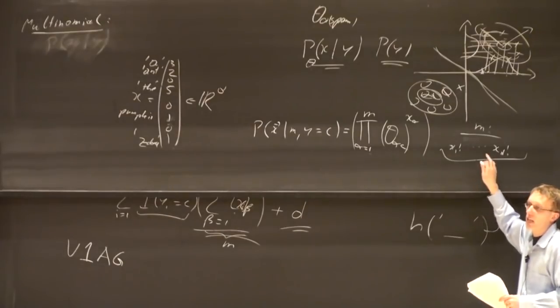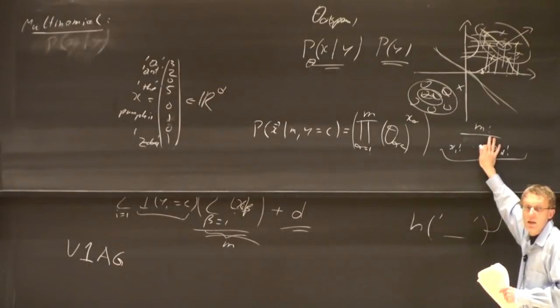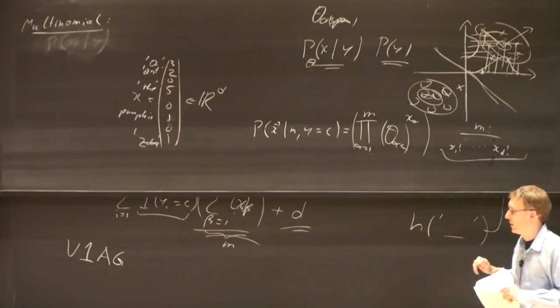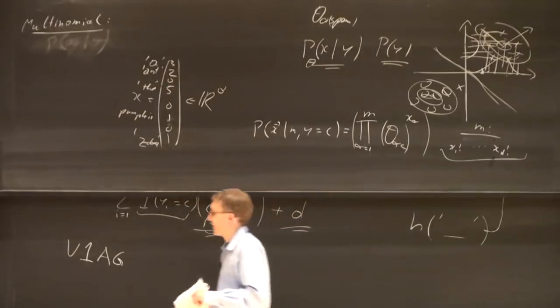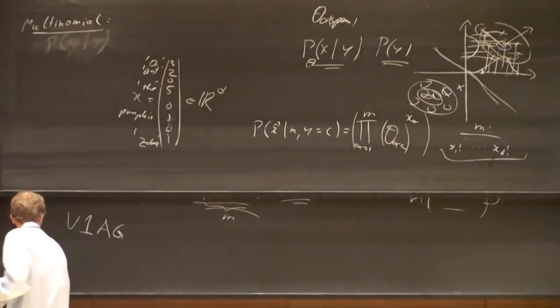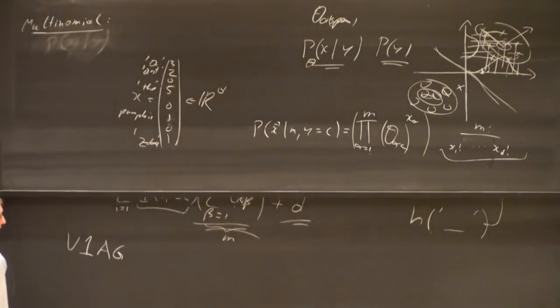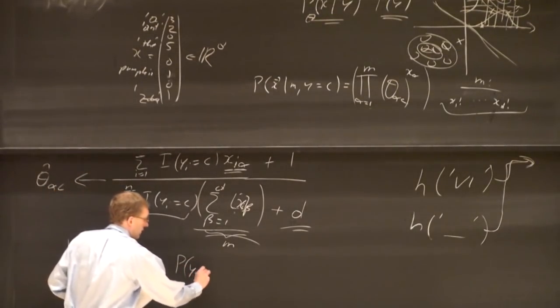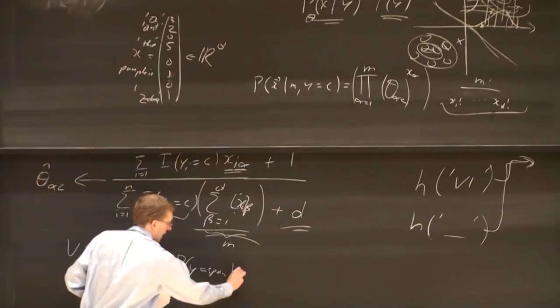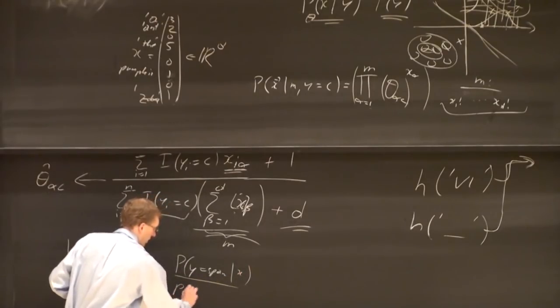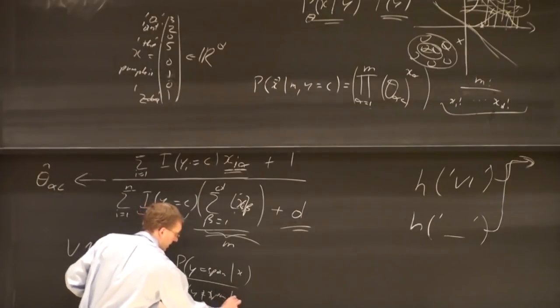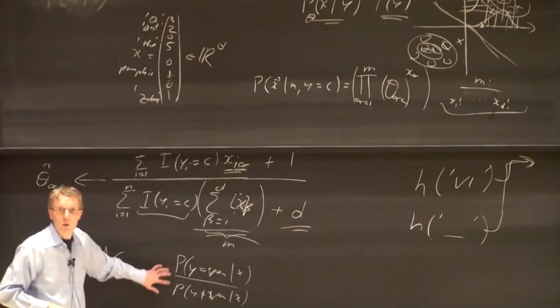Turns out in practice, you never have to compute this constant. Can anyone tell me why? Because we are looking for the max. That's right, it doesn't actually matter. Ultimately, I could just compute P(y = spam | x) divided by P(y = not spam | x).